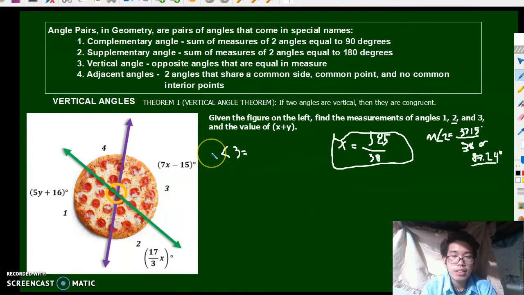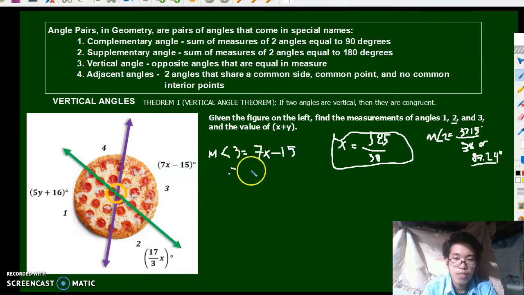Now we can get the measurement of angle 3. We have the value of x, so we can already get the measurement of angle 3. That's simply the measurement of angle 3 is equal to 7x minus 15. What's the value of x again?